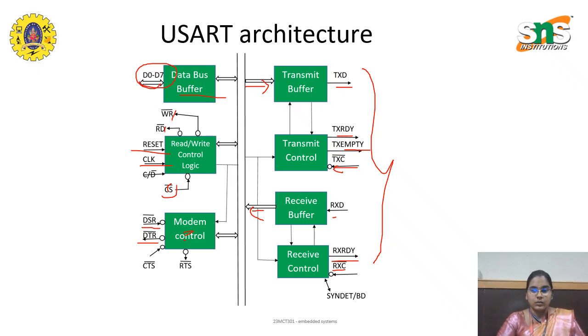Both UART and USART are serial communication, and in serial communication we have three modes of communication: simplex, half duplex, and full duplex. Simplex means a device acts only as a transmitter or only as a receiver. In half duplex, a device can act as a transmitter or receiver but not at the same time.